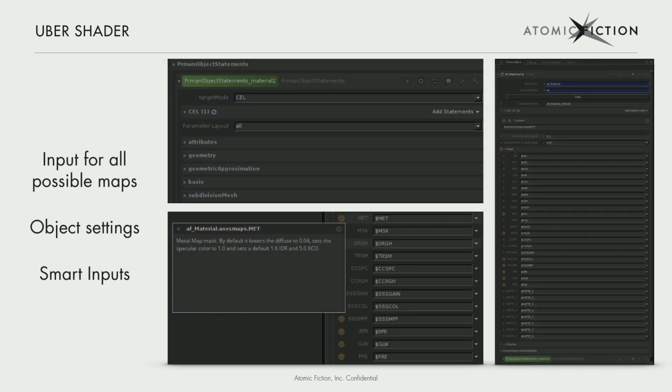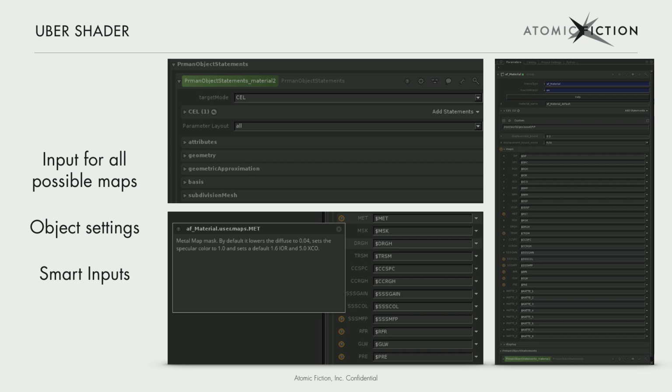So as you can see, we have a texture map field for all possible shader inputs. So anything a texture artist paints will have the field automatically connected to the shader. No need to hook up anything manually. We've included some geometry attribute statements on our Uber shader so you can control things like displacement bounds and geometry attribute modifications.